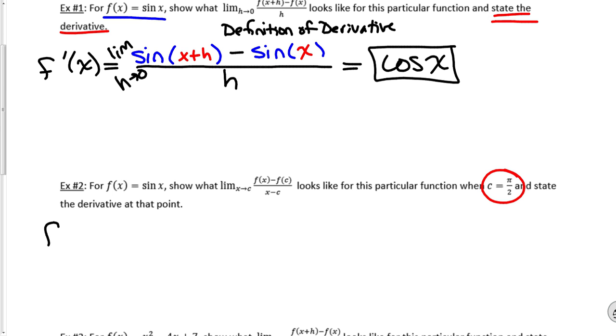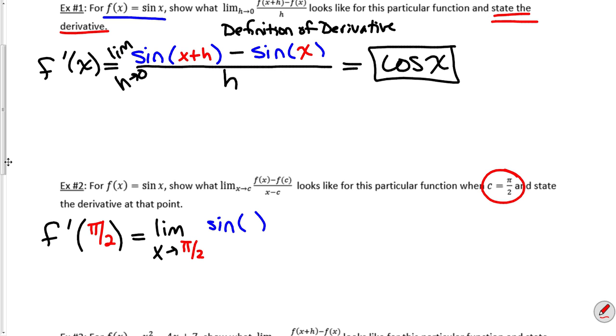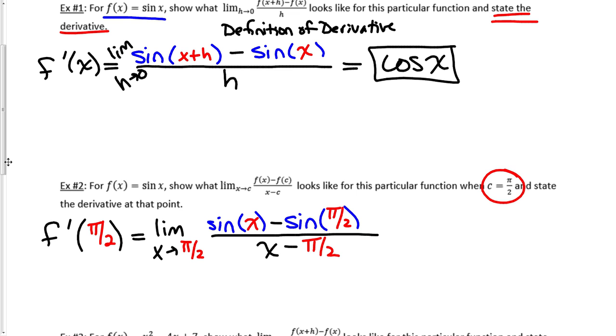So I'm going to have f prime, instead of x though, I'm not going to say f prime of x, I'm going to say f prime of pi over 2 is going to be the limit as x approaches pi over 2 of sine of x minus sine of pi over 2 all over x minus pi over 2.